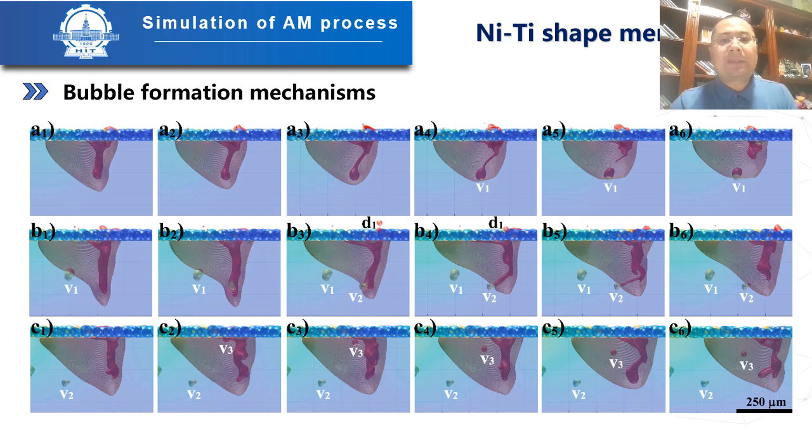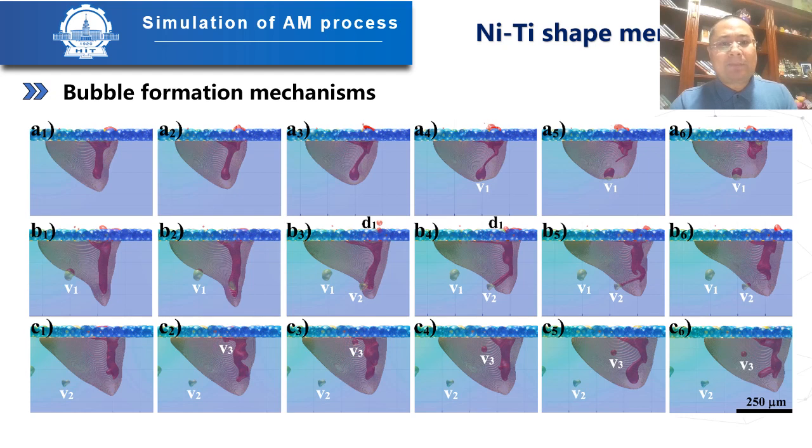Now switching gears to the second row, we're focusing on bubble V2. It's interesting because it's born out of the keyhole depth oscillation. You can see sometimes the keyhole goes deep into the material, resulting in a narrow and deep melt pool. But here's the twist.